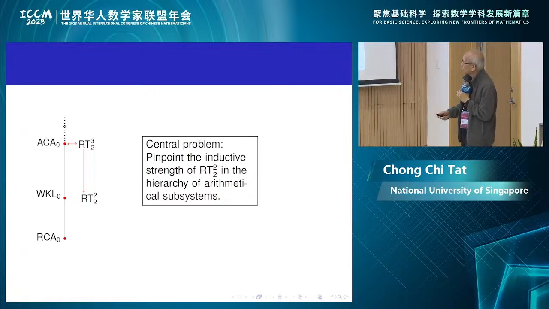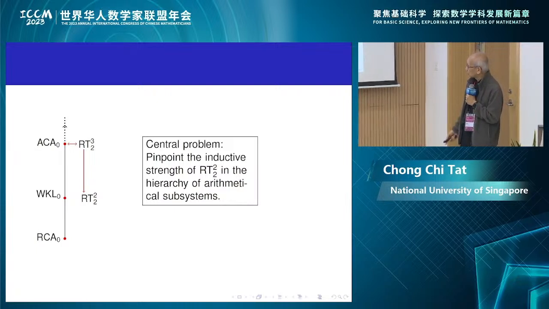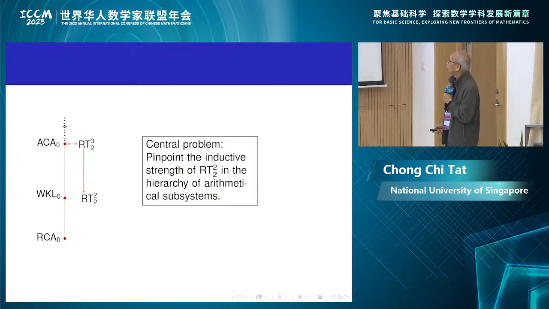we know that Ramsey's theorem for pairs is weaker than ACA0, and ACA0, another way of looking at it, implies I sigma n for every n. That's the strength of ACA0. But now we need to pinpoint the inductive strength of Ramsey's theorem. So this remained open since 1995, but it was solved.